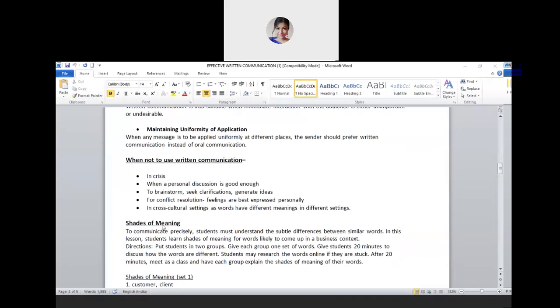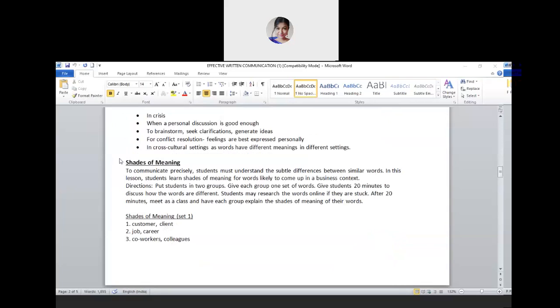Now you will see another heading, Shades of Meaning. Okay, now you have to read this yourself, and once you read it, you will be able to understand it. After that, if you have some kind of doubt, come to me. I will definitely explain. So first of all, you have to read it.